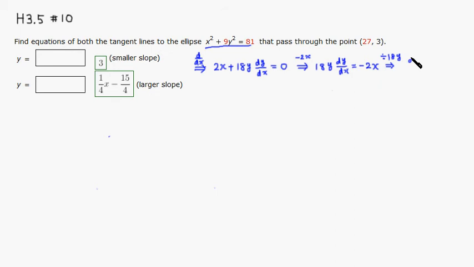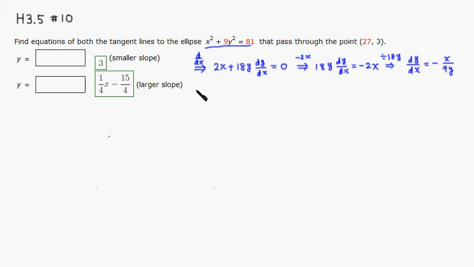So dy over dx is going to be negative, and 2 and 18 can cancel out, so it's going to be x on top and 9y on the bottom. So that's the derivative of y with respect to x.